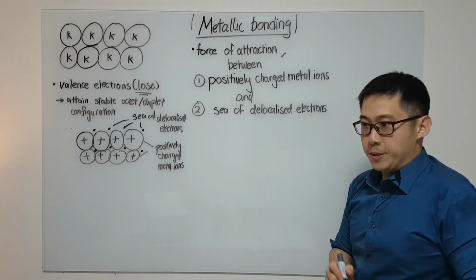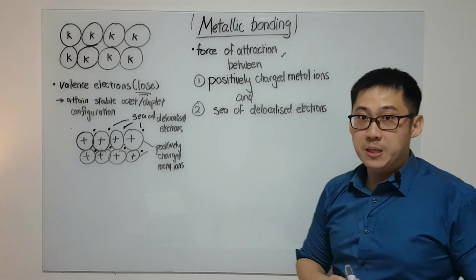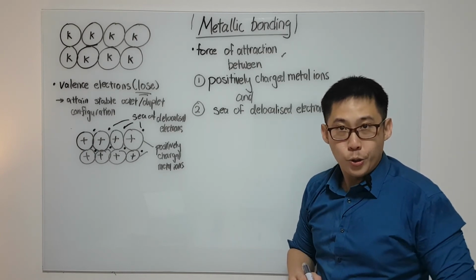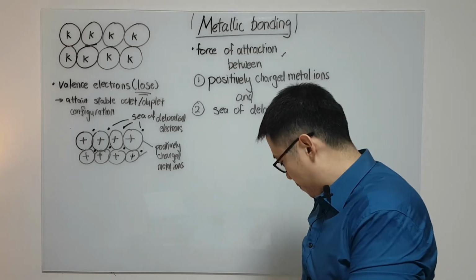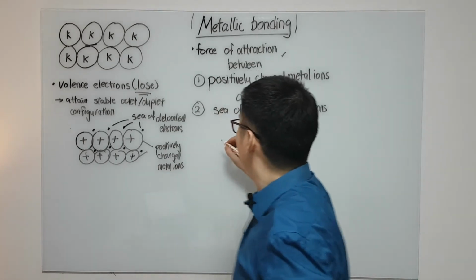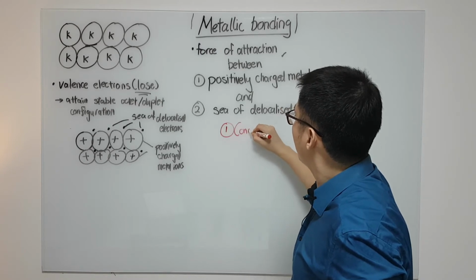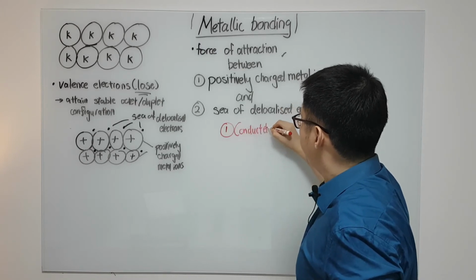Now, students, what then are the properties of metallic bonding? Metals, as you all know, are able to, number one, conduct electricity.